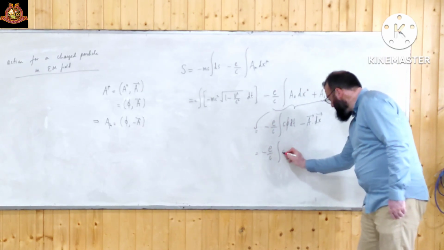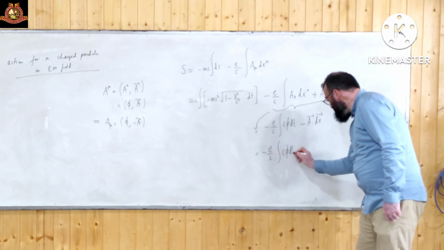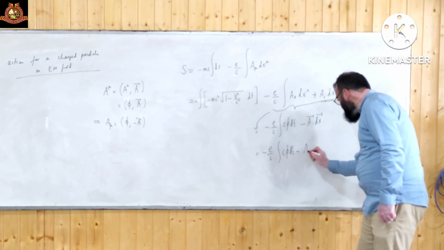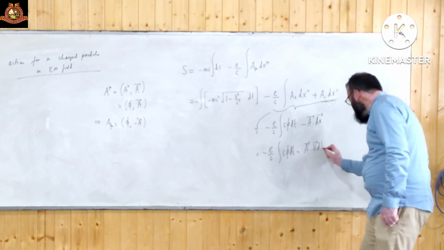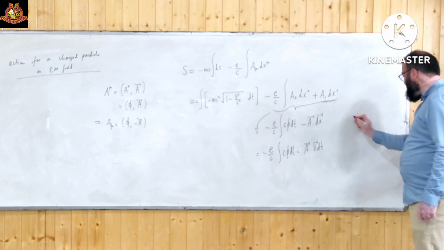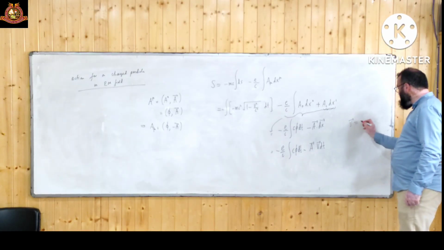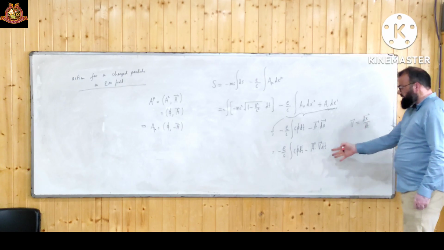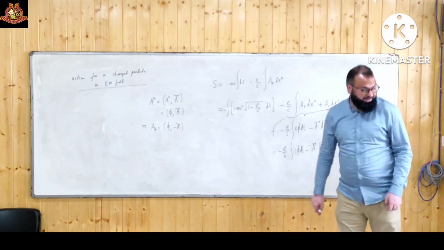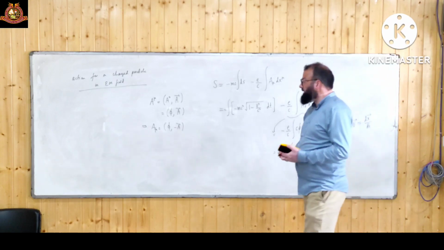Okay, now this I can write as c phi dt minus vector A dx, and I can put it as d by dt. So if I have to write, let's say, the velocity, the free velocity of the particle, I can write it in this fashion. So this is what we have done in the last lecture.